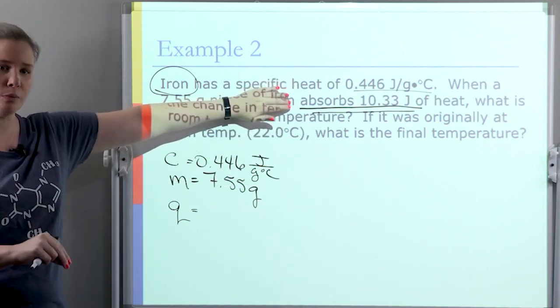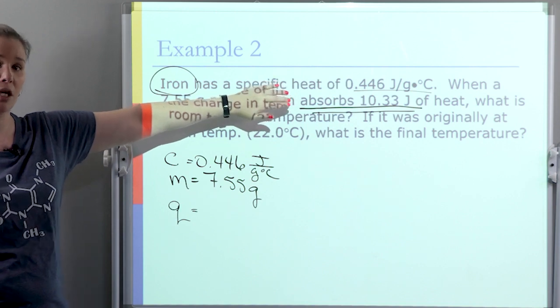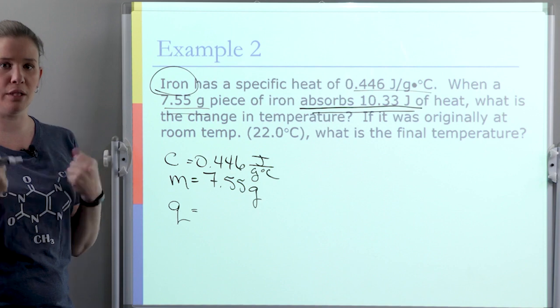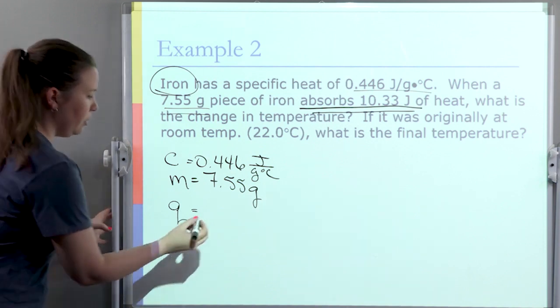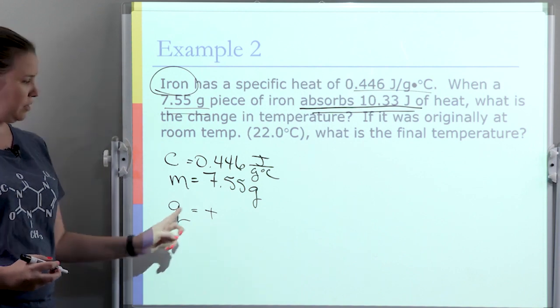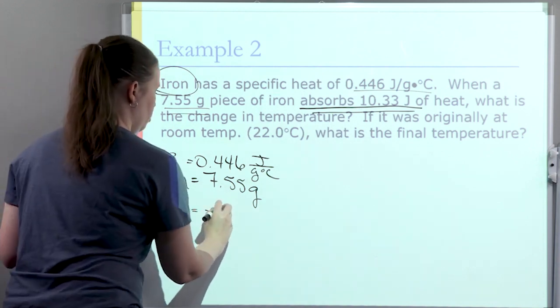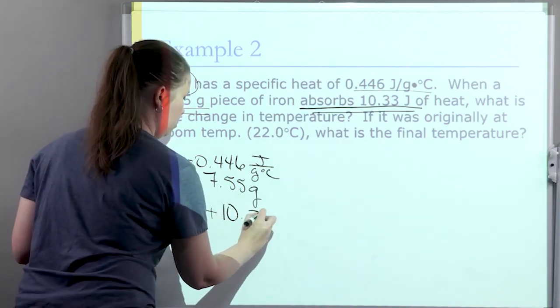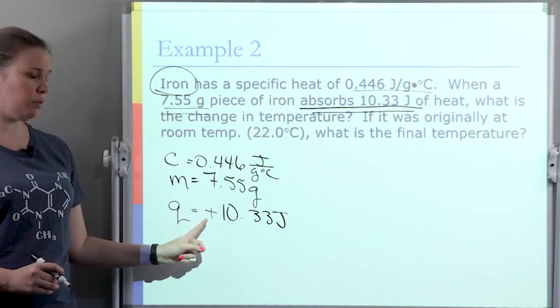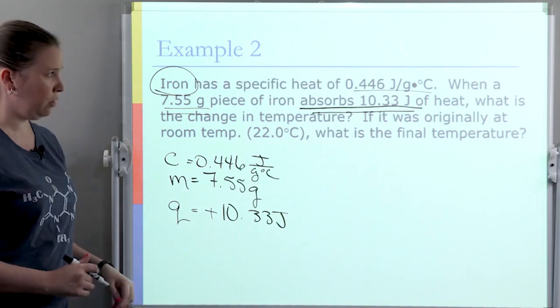The word absorbs would indicate that that system is endothermically absorbing heat, and the sign for that is positive. So see how we have to know our signs for the Q? If it's endothermic, it's positive. So it's absorbing 10.33 joules. If it said releases, you would want to make this a negative sign.